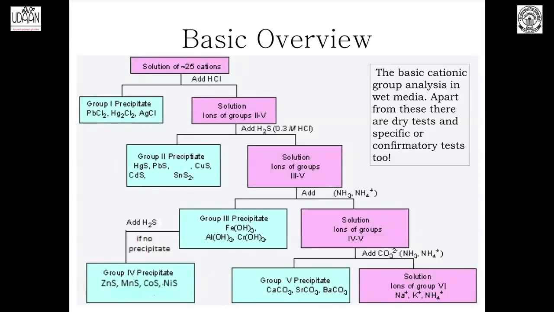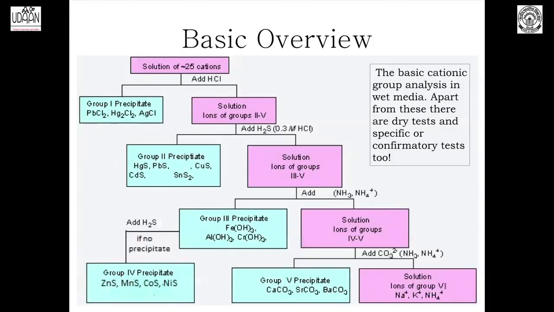For example, the group 1 precipitates consist of lead chloride, mercurous chloride, silver chloride. These are the precipitates. The cations are lead 2 plus, mercurous and Ag plus. These are grouped in the first group because on adding a solution of dilute HCl to their solution, white precipitates of their chlorides appear.